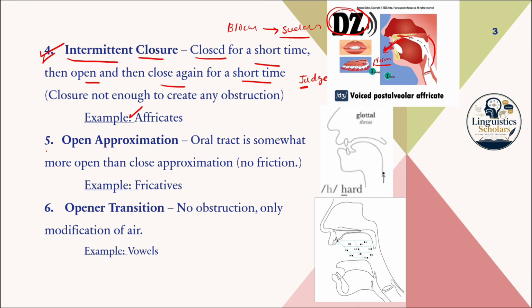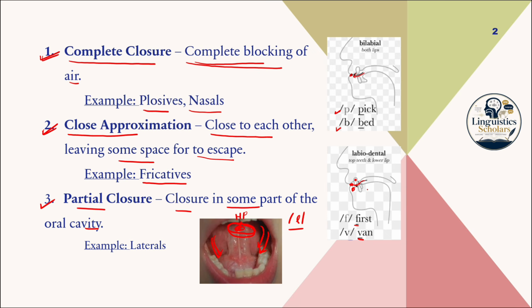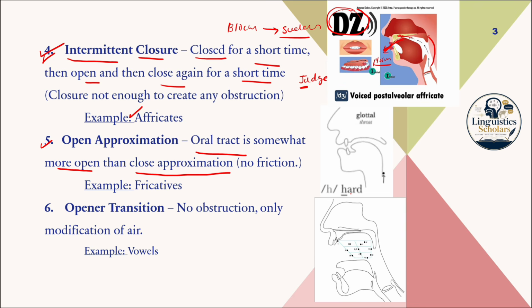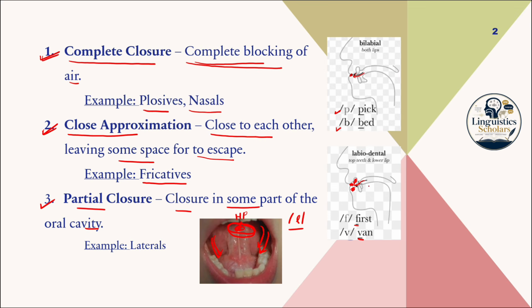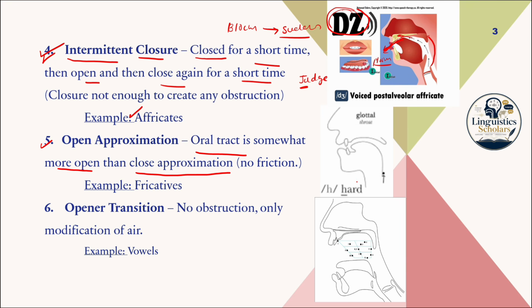And next we have open approximation. It means the oral tract is somewhat more open than in close approximation. In close approximation, the teeth and the lower lip are very close, leading the air to escape with friction. But in this case, there is no friction between the two articulators involved in the production of the speech sound.